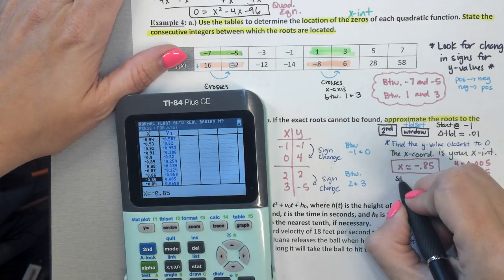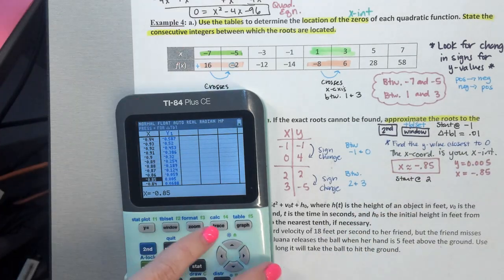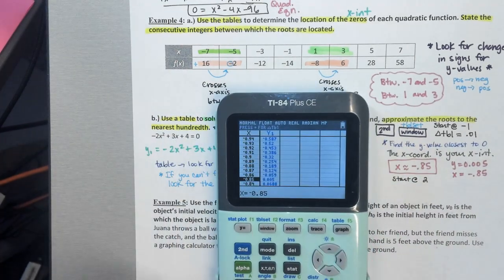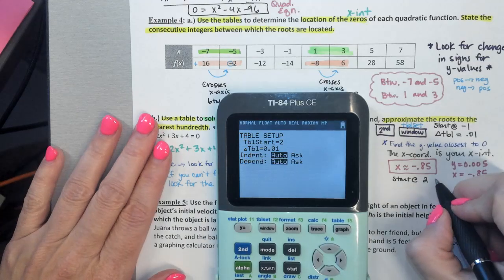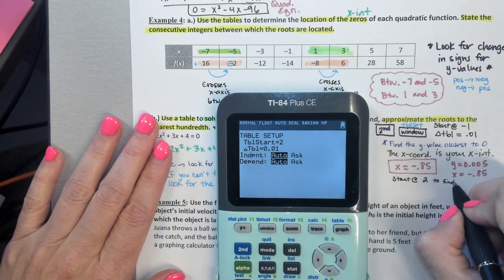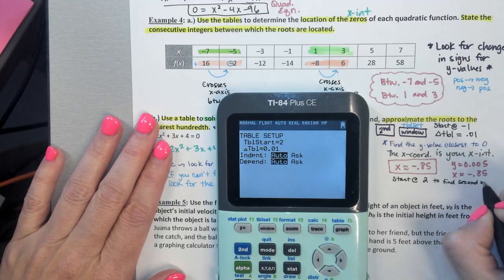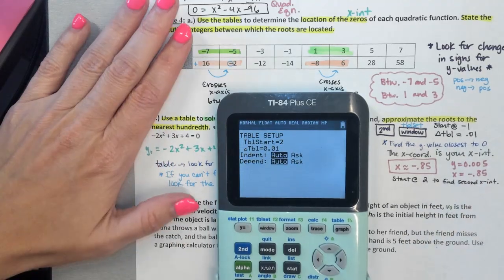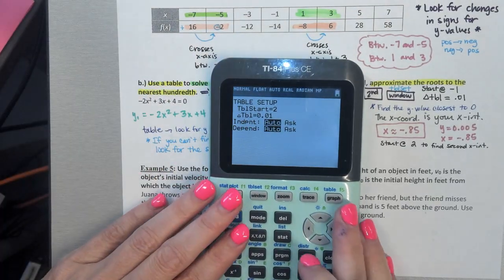So we're going to start at 2, because it's between 2 and 3. So I'm going to go to second table set. I'm going to start at 2. Okay, so you're going to start at 2 to find that second x-intercept.